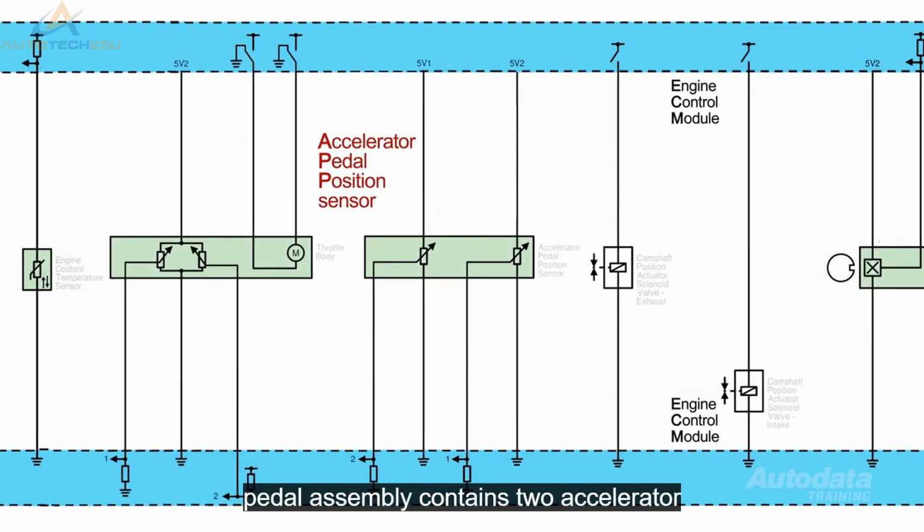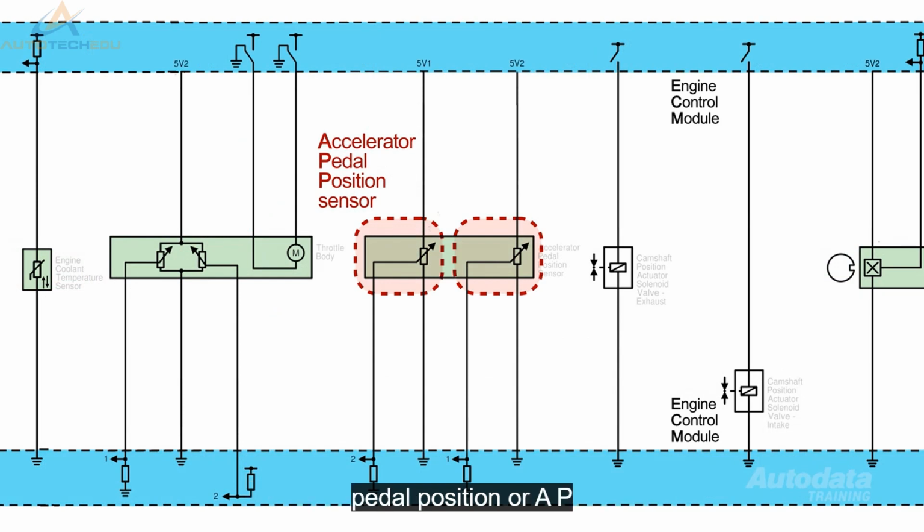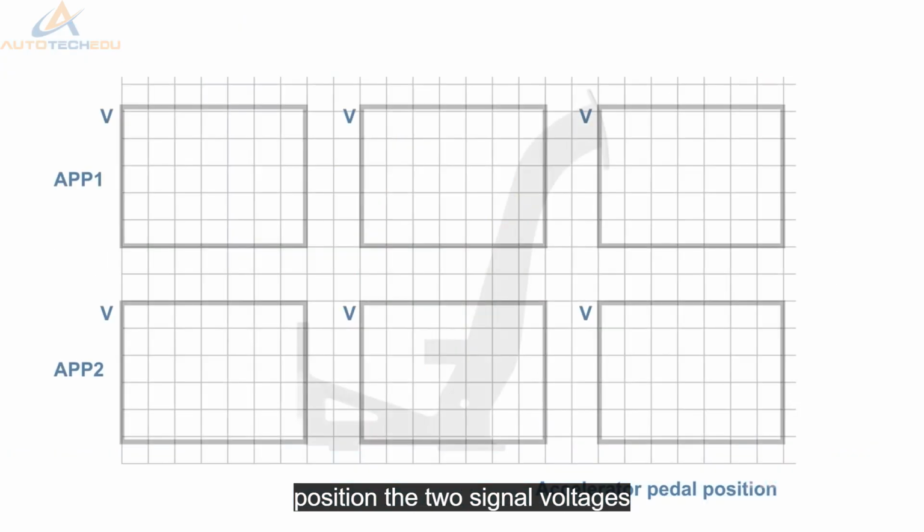The accelerator pedal assembly contains 2 accelerator pedal position, or APP sensors. Each APP sensor has a 5-volt reference, a low reference, and a signal circuit. The APP sensors provide a signal voltage that changes relative to pedal position.